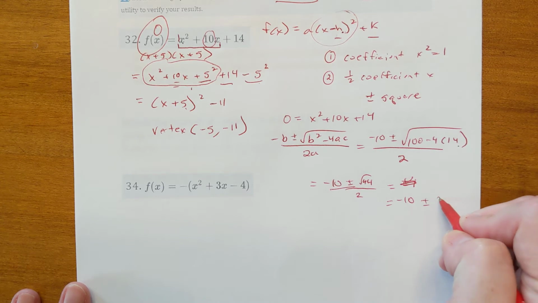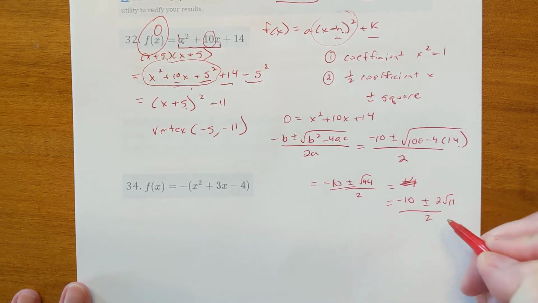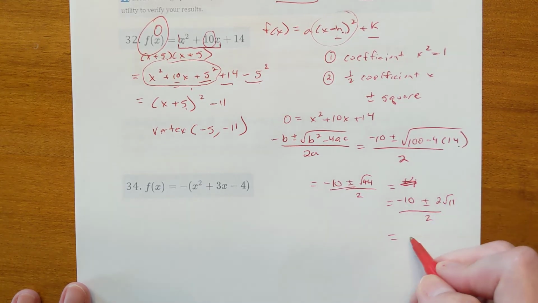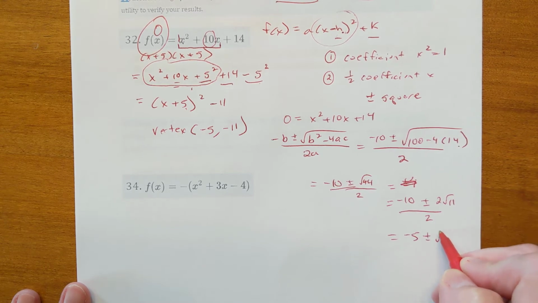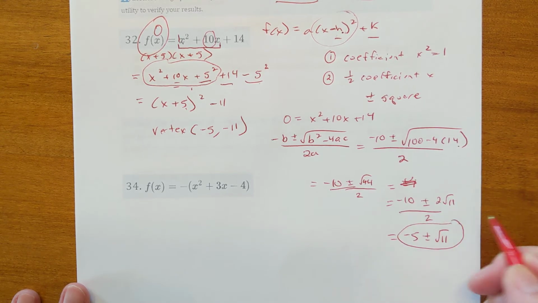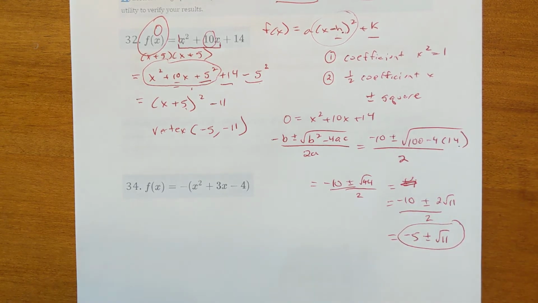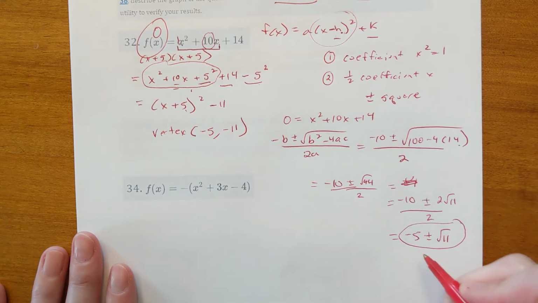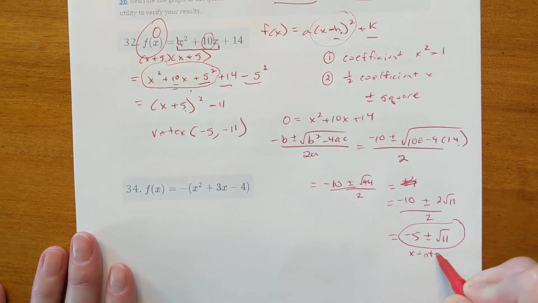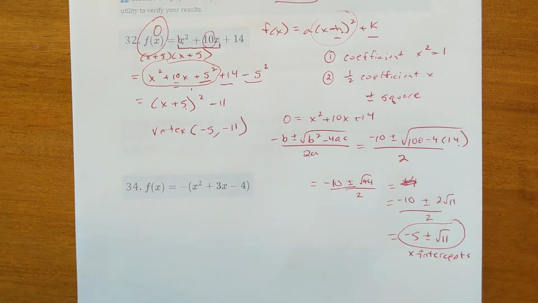So that is plus or minus 2 radical 11 over 2. So when you divide those both by 2, you get negative 5 plus or minus radical 11. So those are the x-intercepts. So let's see, they wanted the vertex, the x-intercepts, and then they want you to graph it to verify your results.